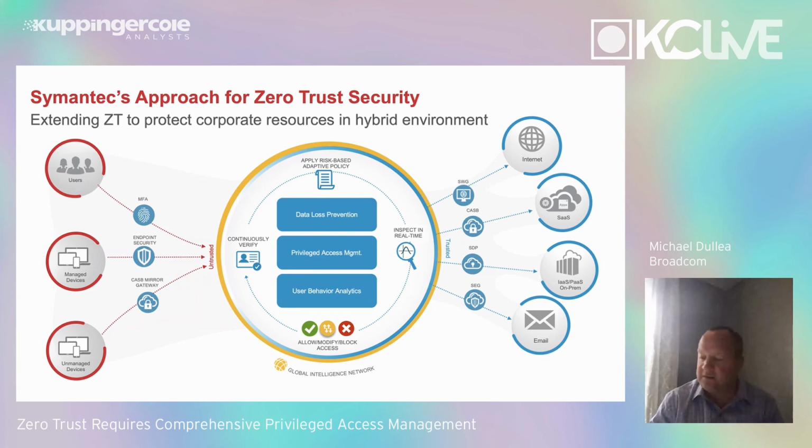We have continuous verification, real-time inspection, and a very comprehensive analytical platform for risk-based adaptive policy. And our PAM solution fits very well at the heart of this model for controlling the privileged access and ensuring the least privileged access is enforced.